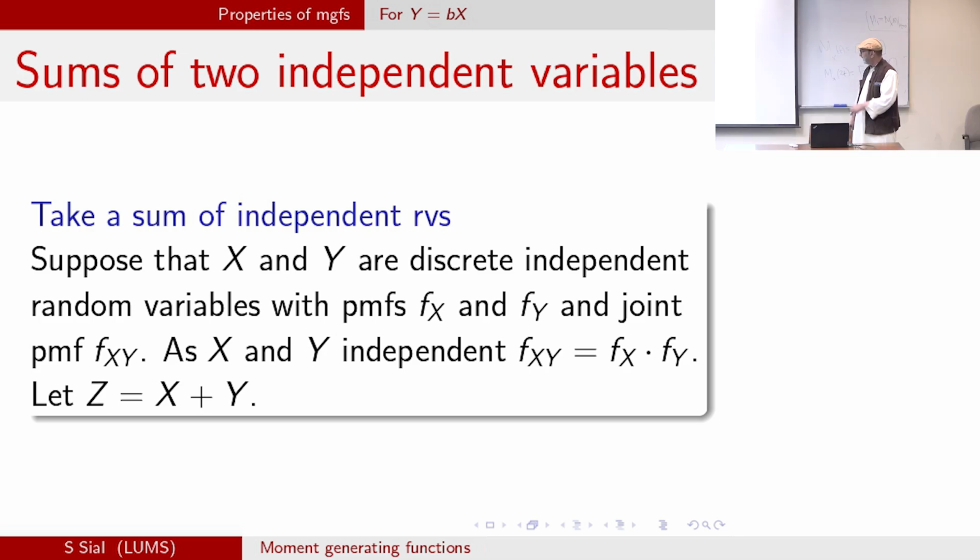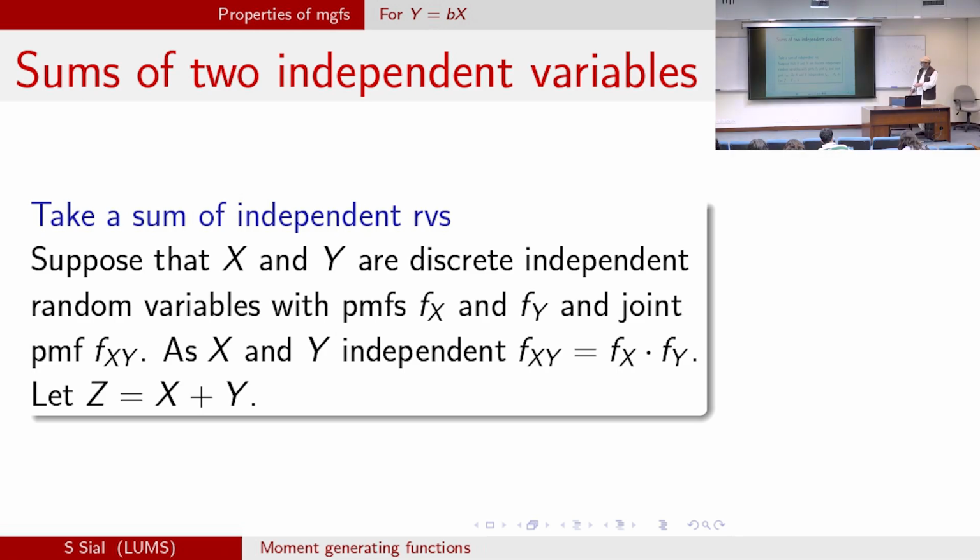Another big rule. Remember, if you have two independent random variables, x and y, and you're going to add them together, then because they're independent, their joint PMF is the product of the individual marginal PMFs. We saw this before.